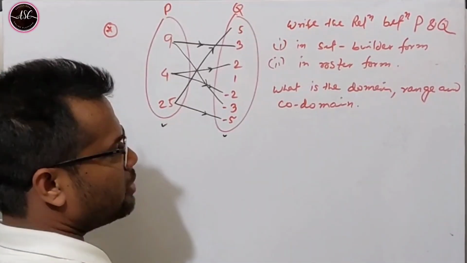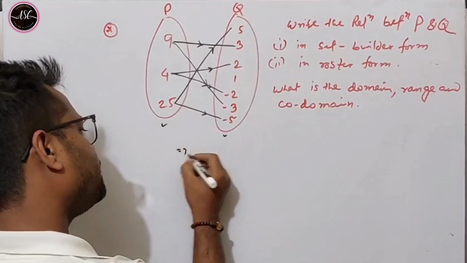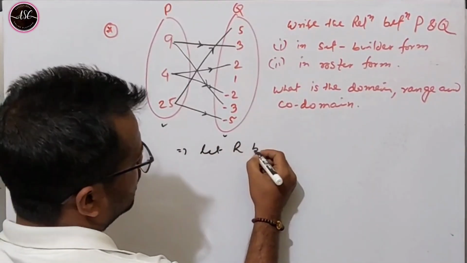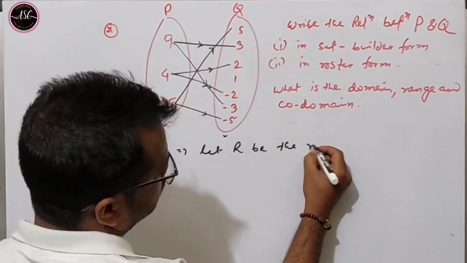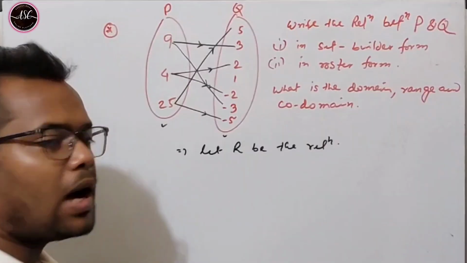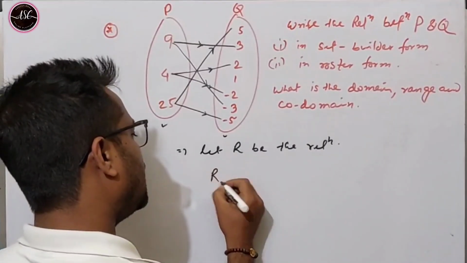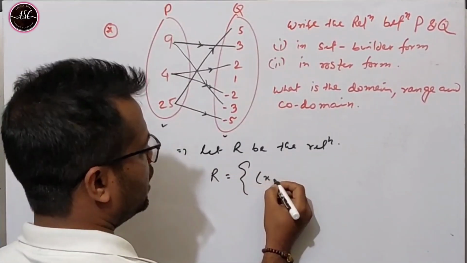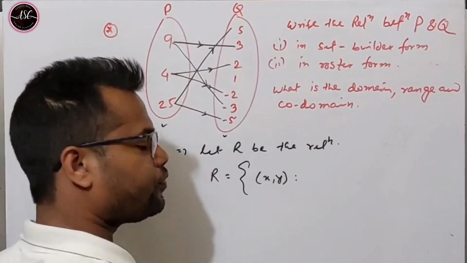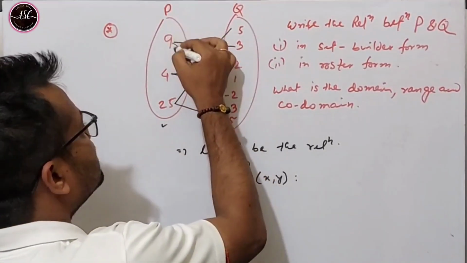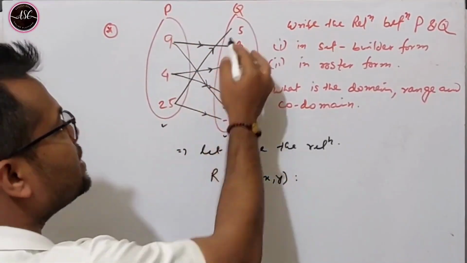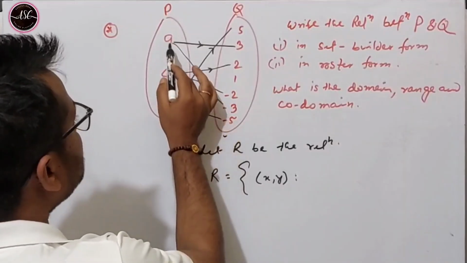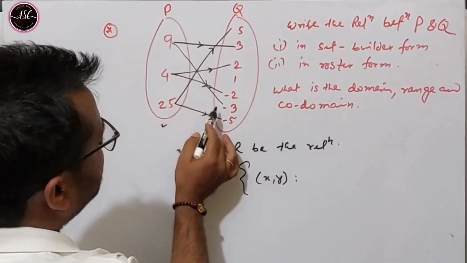So now in set builder form, let R be the relation. R can be defined as R equal to {(x, y) such that...}. Here this is x and this is y. Look at this: from 9 to 3 and 9 to minus 3.